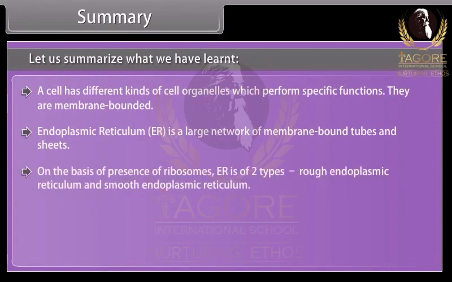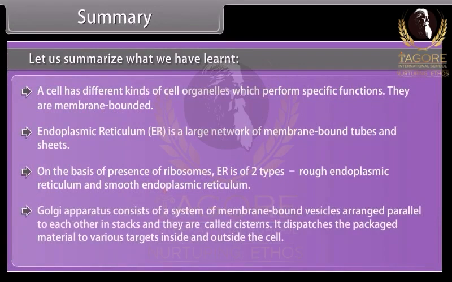On the basis of presence of ribosomes, ER is of two types: rough endoplasmic reticulum and smooth endoplasmic reticulum. Golgi apparatus consists of a system of membrane-bound vesicles arranged parallel to each other in stacks, and they are called cisterns. It dispatches the packaged material to various targets inside and outside the cell.